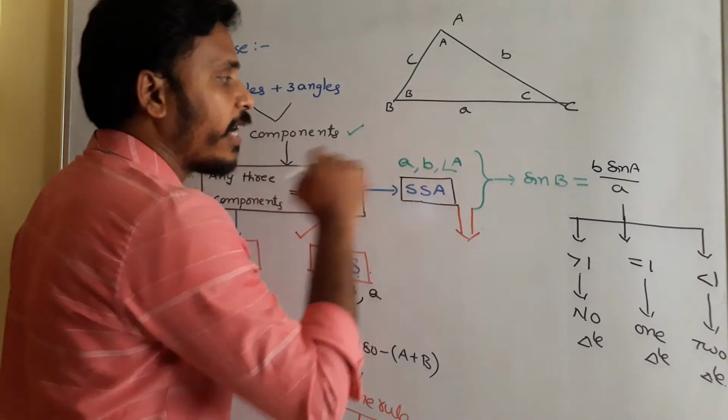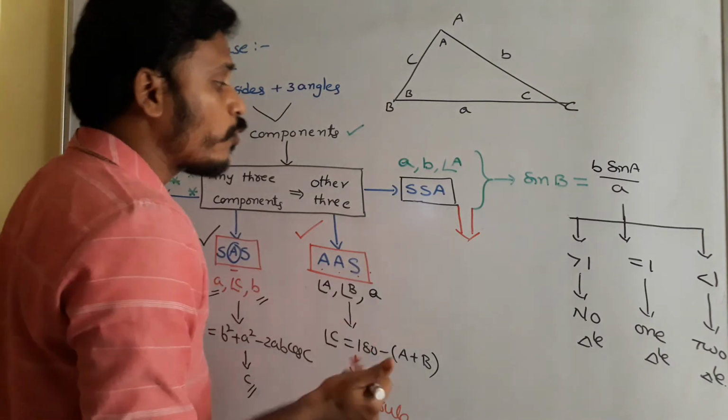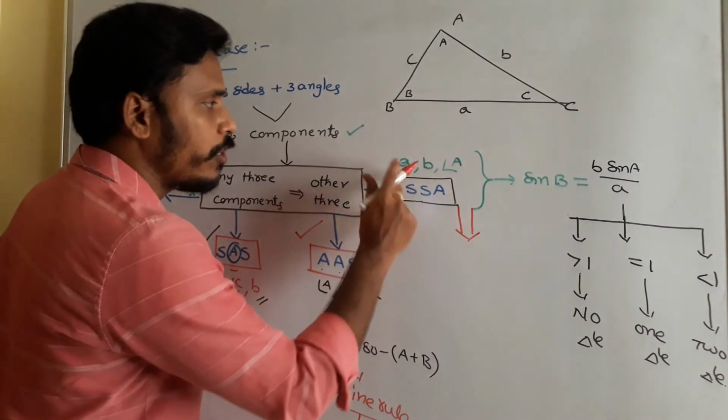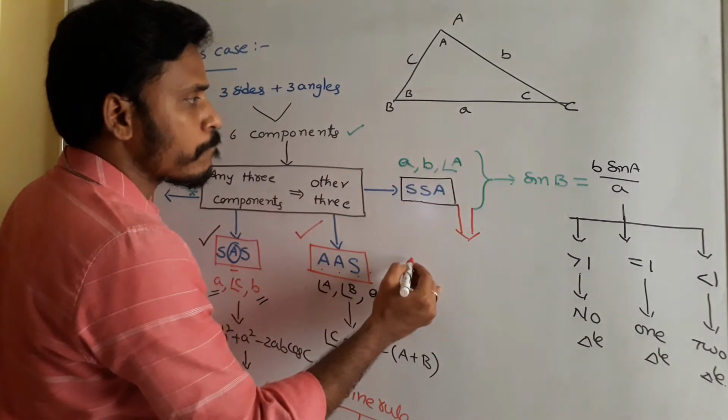Side A, side B, angle A are given. What about side C? Side C is not known, right? So if you write the cosine rule for any one of these two known angles, A and A are known.